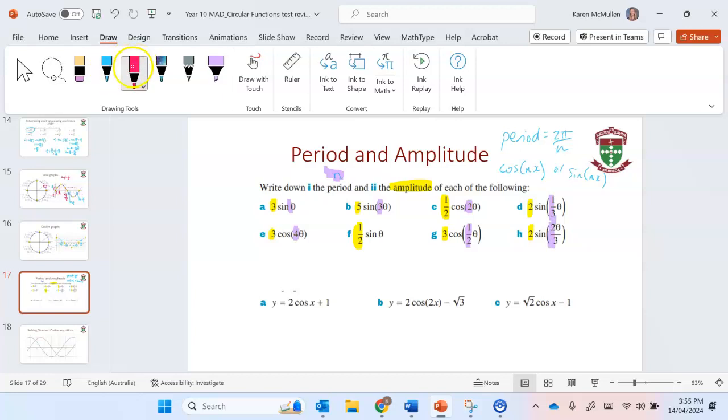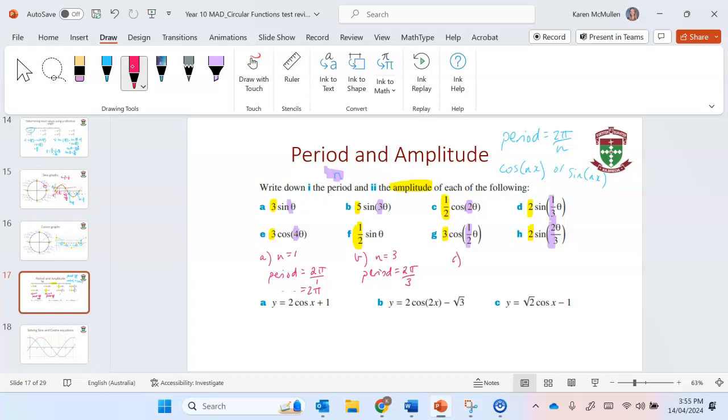So for A, your value of n is 1, so your period is 2 pi on 1, which is just 2 pi. For B, n is equal to 3, so your period is equal to 2 pi on 3.